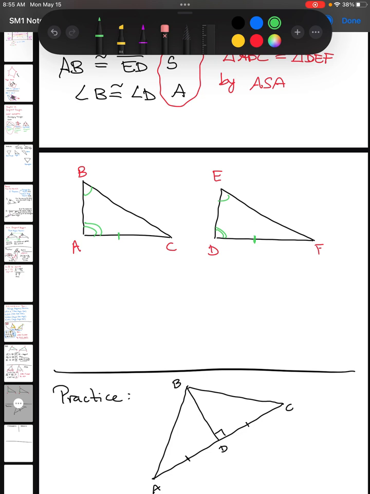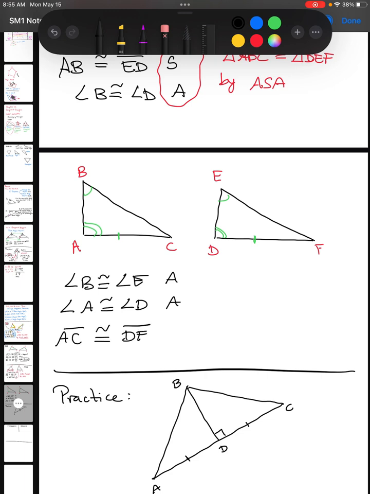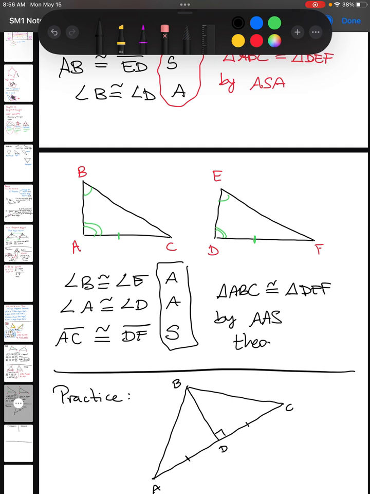So since angle B is congruent to angle E, angle A is congruent to angle D, and then finally segment AC is congruent to segment DF, AAS, you can see how they are being formed. We can say that triangle ABC is congruent to triangle DEF by the AAS theorem.